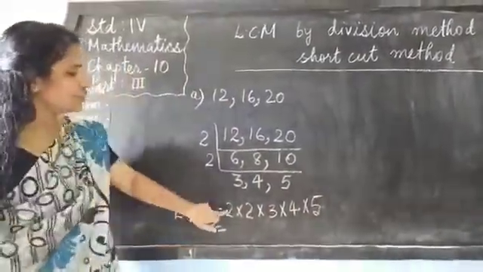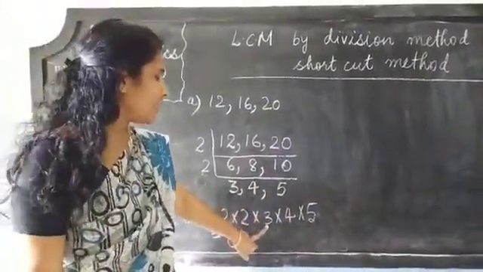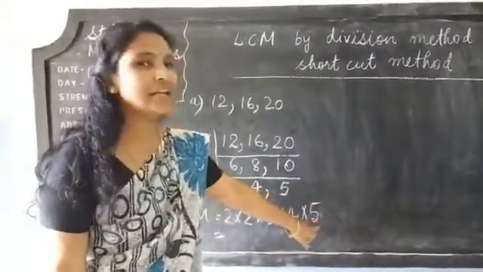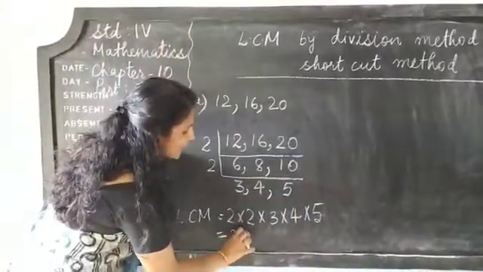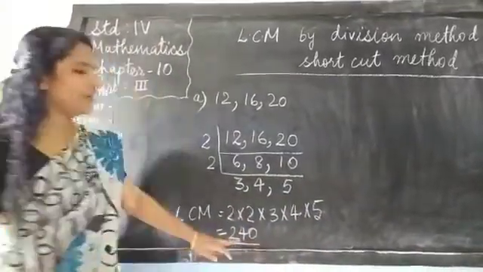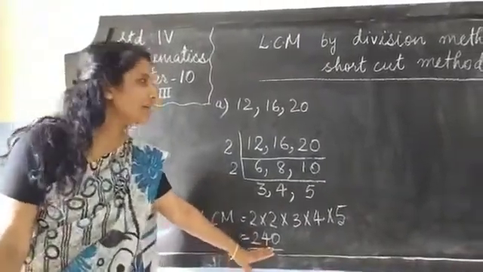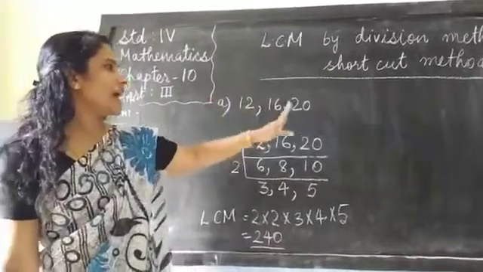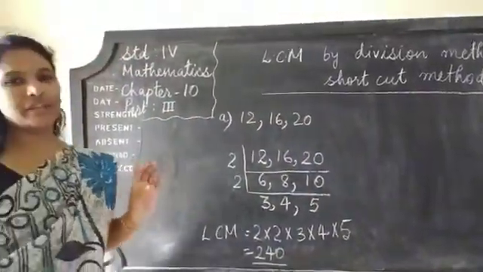You can see 2 2's are 4, 4 3's are 12, 12 4's are 48, 48 5's are 240. Our answer is 240. We can divide 240 by 12, by 16 and by 20 without leaving a remainder.